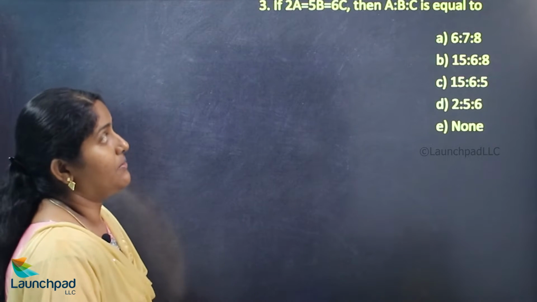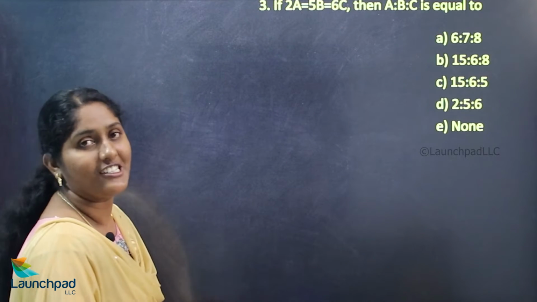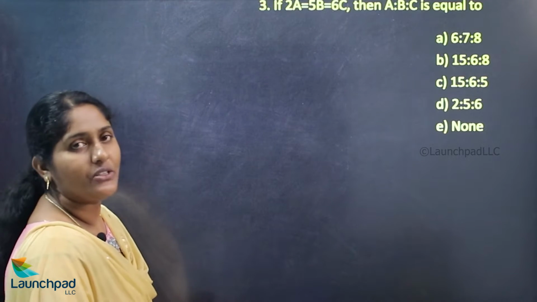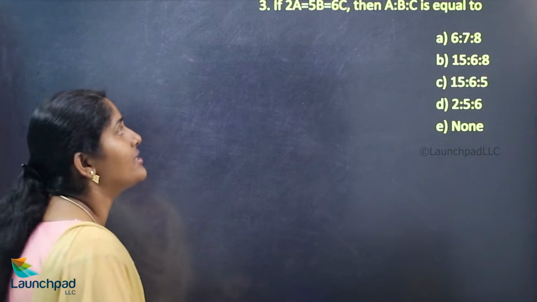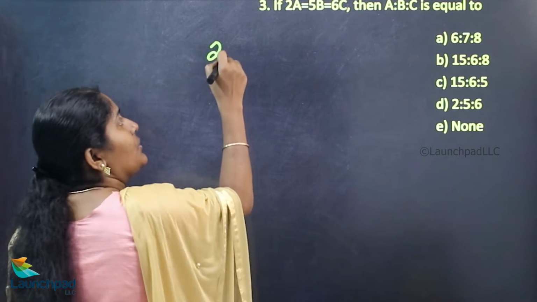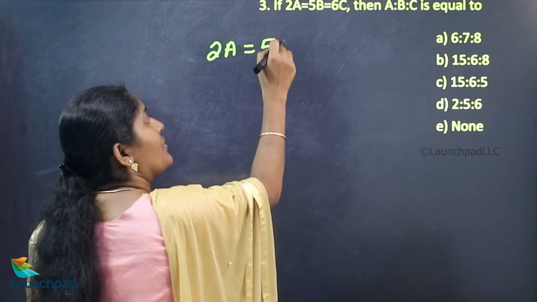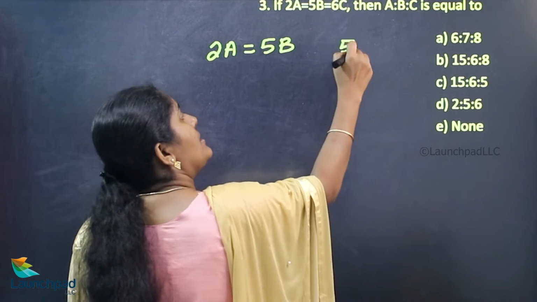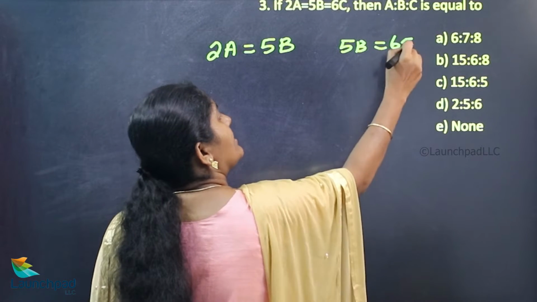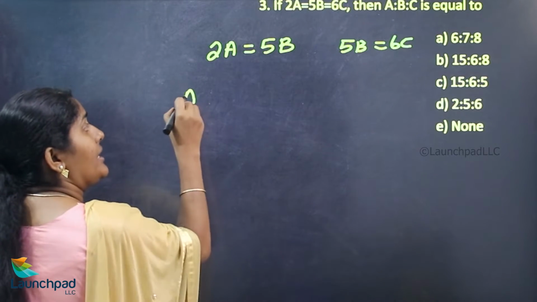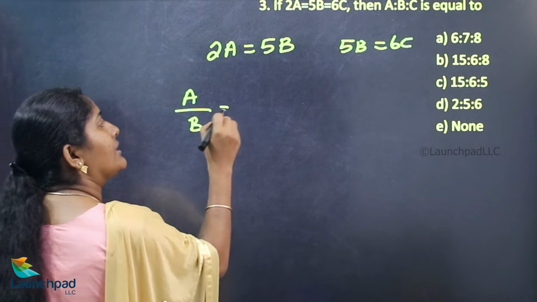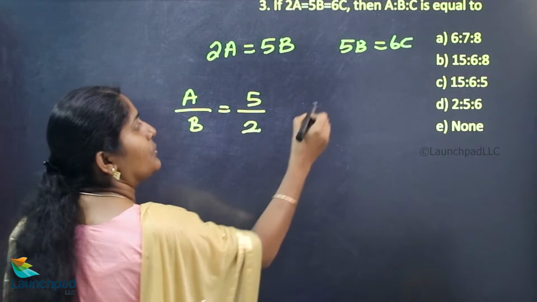2A is equal to 5B. 5B is equal to 6C. Then A is to B is to C is equal to what? Taking two terms, 2A is equal to 5B, 5B is equal to 6C. Now, A divided by B is equal to 5 divided by 2.